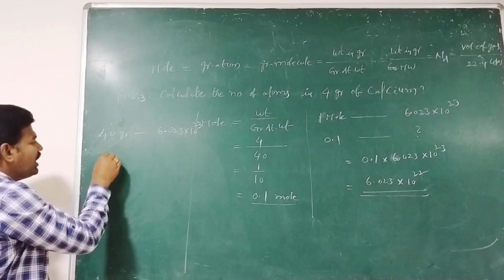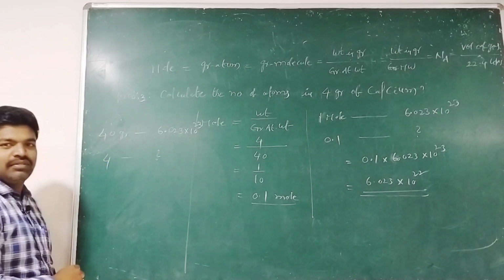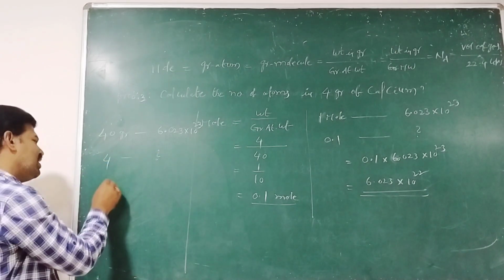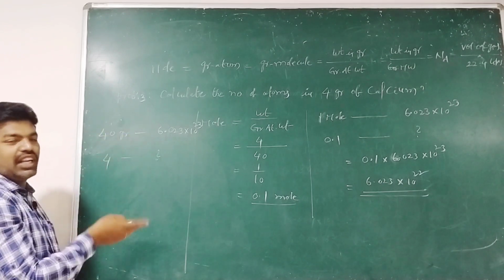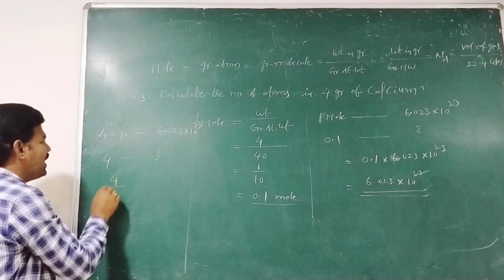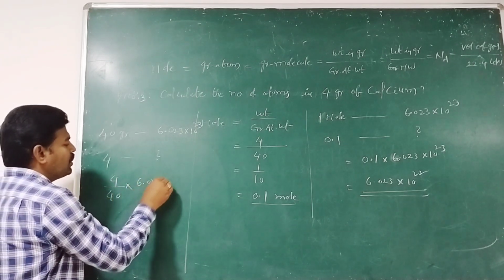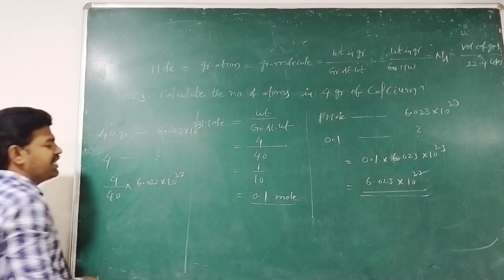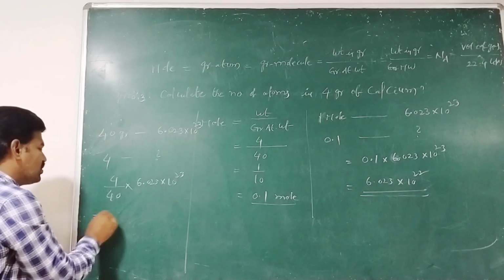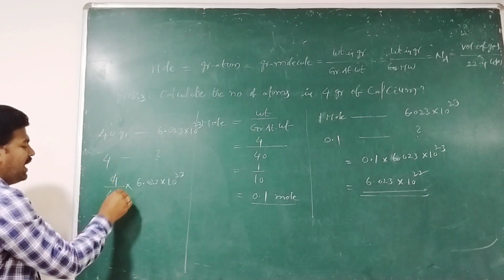Then 4 grams contains how many atoms? Again it is a cross multiplication, that is 4 by 40 into 6.023 into 10 to the power of 23, which gives 1 by 10.